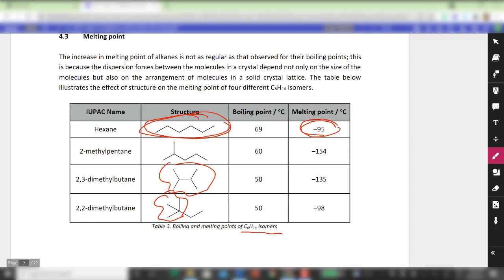A well-packed crystal lattice results in the electron clouds being slightly closer to each other, and it leads to stronger dispersion forces because the arrangement is more regular, and there's a high chance of getting slightly more extensive and slightly stronger dispersion forces. So from here you can see the trend, and you notice that it affects the melting point.